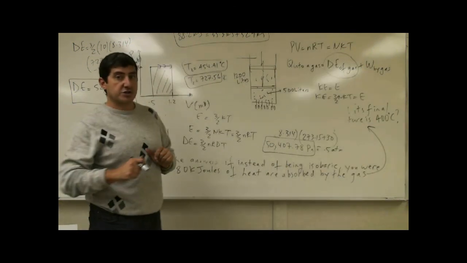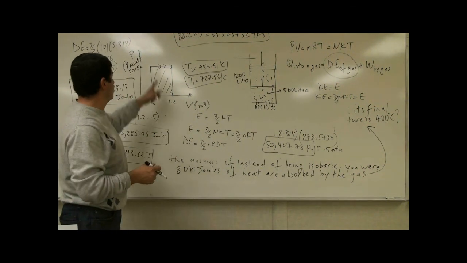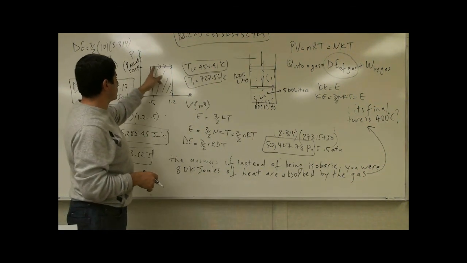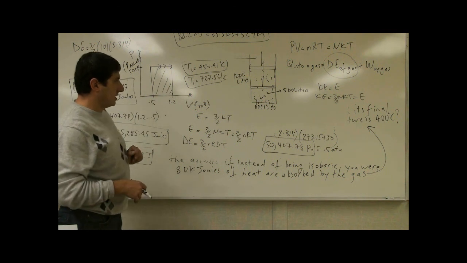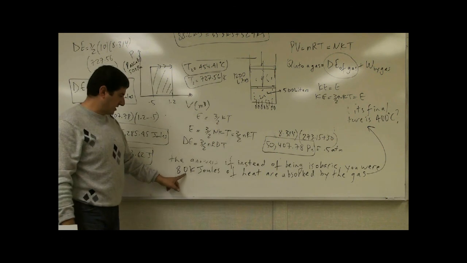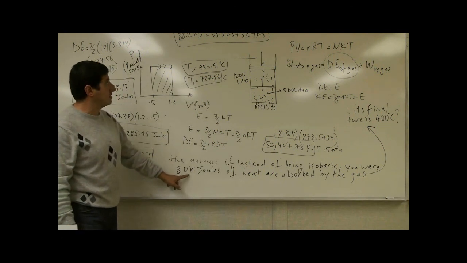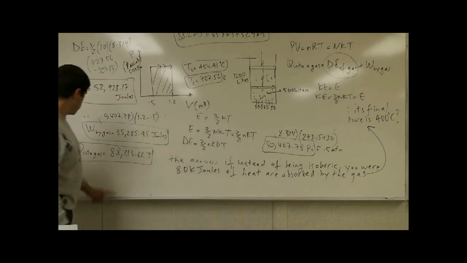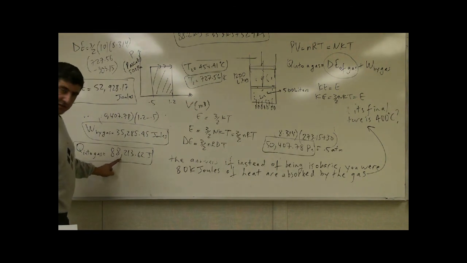Now let's answer the second scenario. In the second scenario, we're going from its initial state to its final state, but instead it's telling us how much heat is coming in. 80 kilojoules of heat. Well, what is that? That's a little bit less than this, right? Right now it's 88 kilojoules of heat coming in.